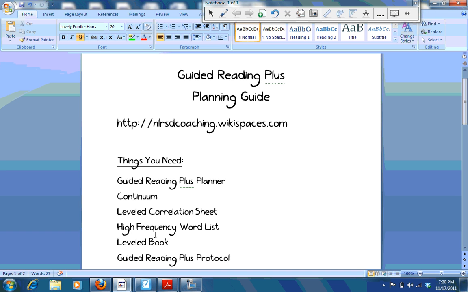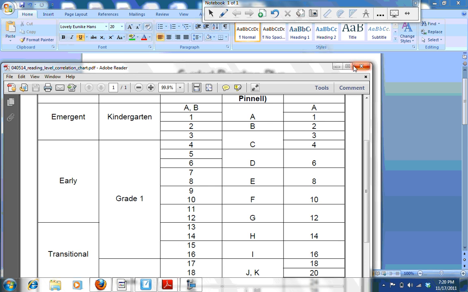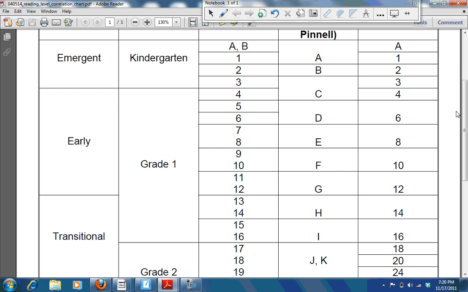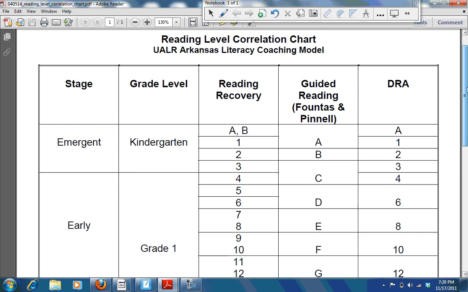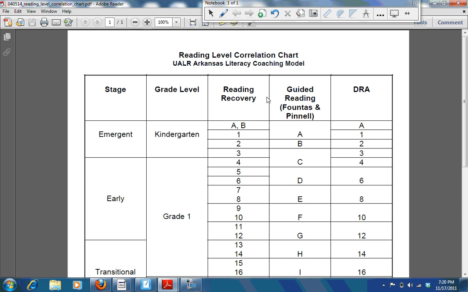The first thing that I want to show you is the leveled correlation sheet. The leveled correlation sheet looks like this. Basically, it is a way to correlate between your Reading Recovery levels, your Guided Reading Fountas and Pinnell levels, and the DRA.